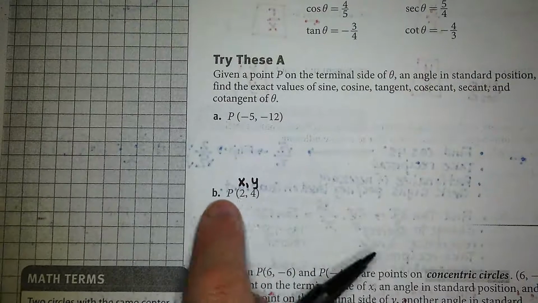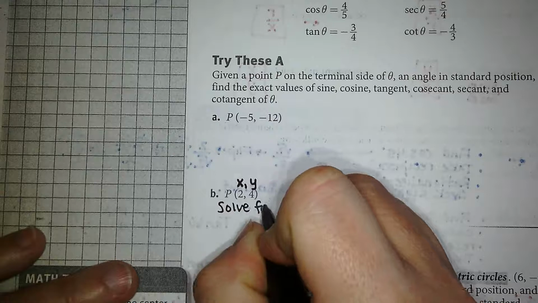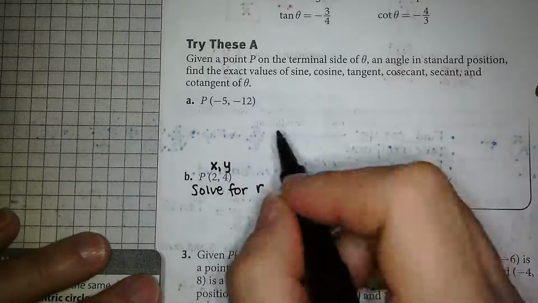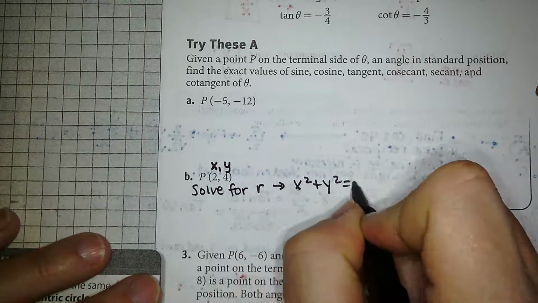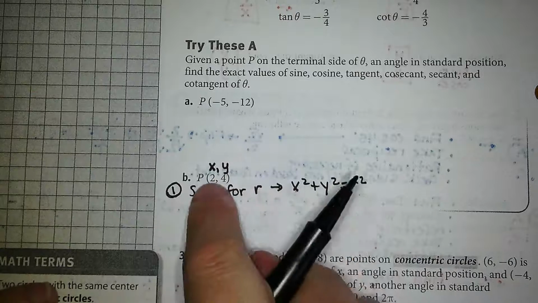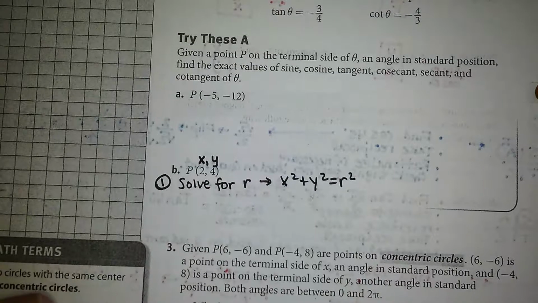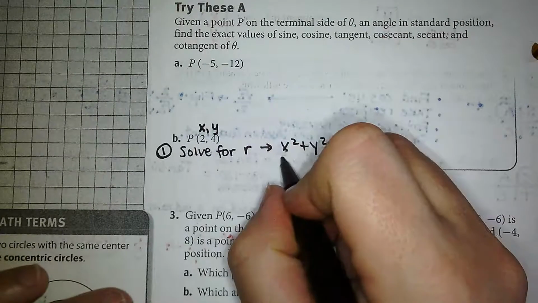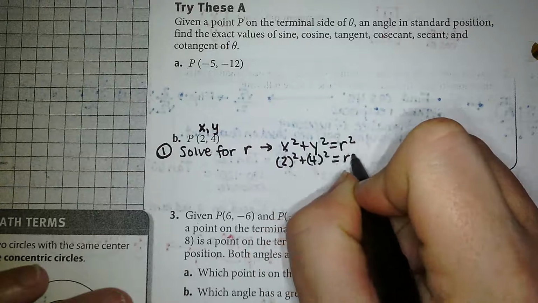And we're going to solve for r first. And the way you solve for r is by doing x squared plus y squared equals r squared. So that's first. Solve for r using your x and y. So I'm basically just going to plug the 2 and the 4 in here. 2 squared plus 4 squared equals r squared.